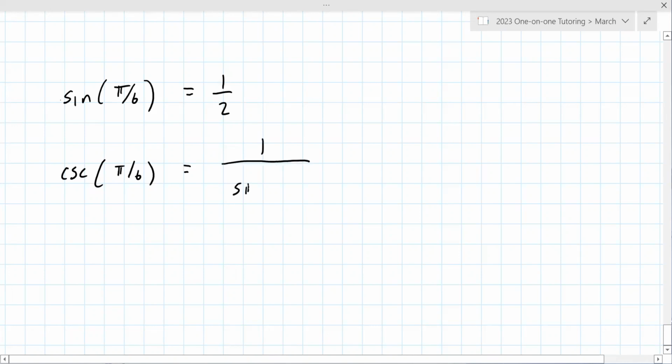Okay. All right, what is the sine of pi over 6? Pi over 6. That would be 1/2. So what is the cosecant of pi over 6? How are they related? So cosecant would be the reciprocal of that. Right, now if you didn't know that, you might write 1 over sine pi over 6, which is 1 over 1/2, which is 2, like you just said.